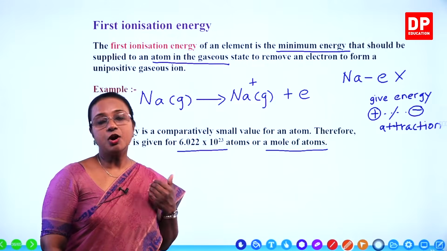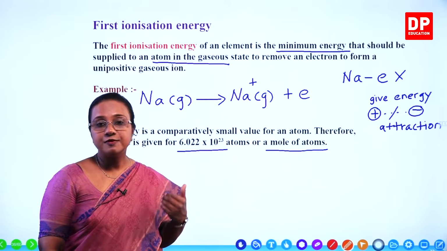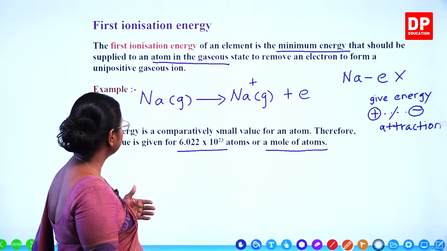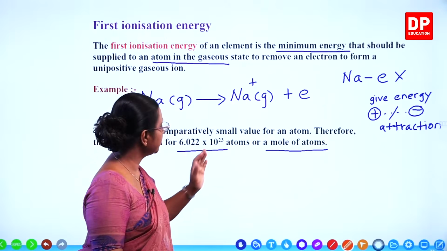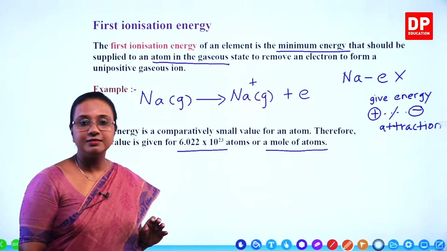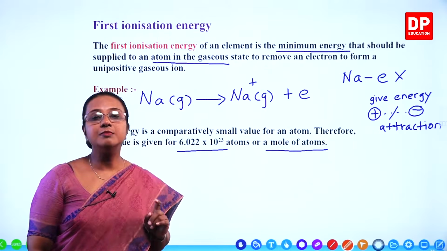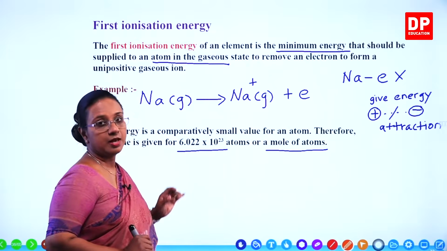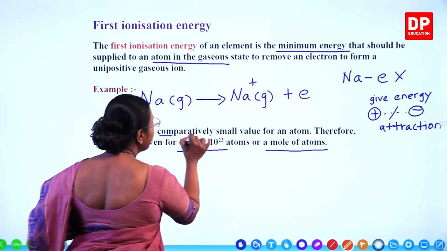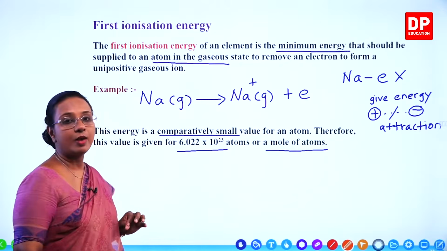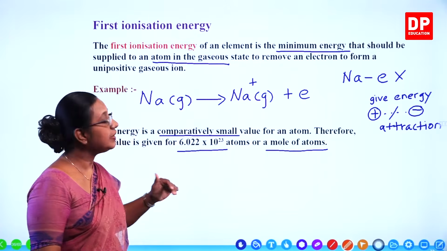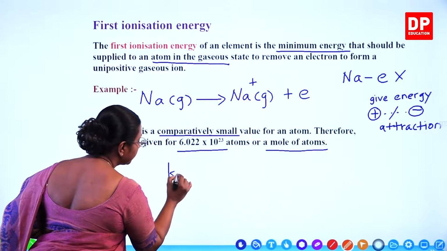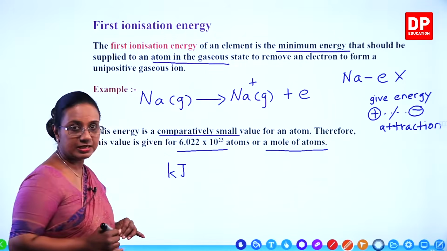But for now, you all have to remember that the first ionization energy has to be calculated either for 6.022 × 10^23 atoms or 1 mole of atoms, not 1 atom, because it is a comparatively small value. And once we do this calculation, we get the unit of first ionization energy.